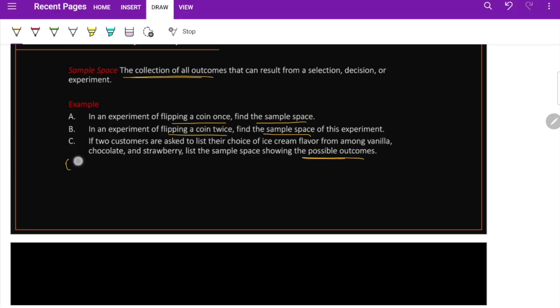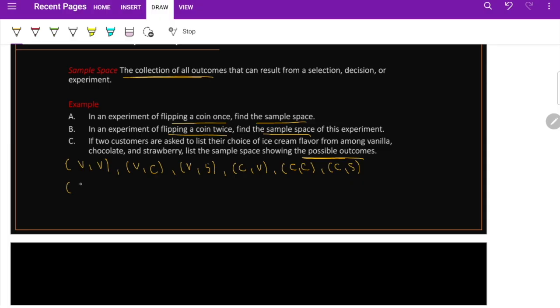Maybe the first customer is going to tell me vanilla. Second customer is going to tell me vanilla as well, right? This is one chance that we may get. Maybe the first customer is going to tell me vanilla, the second customer is going to tell me chocolate. Or first customer going to tell me vanilla, second customer is going to tell me strawberry. Or maybe first customer is going to tell me chocolate, second customer is going to tell me vanilla. Chocolate, chocolate, chocolate, strawberry.